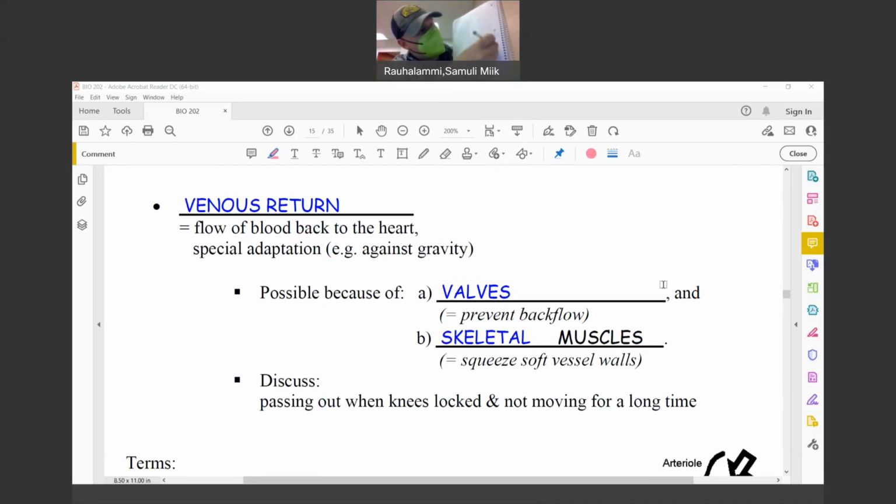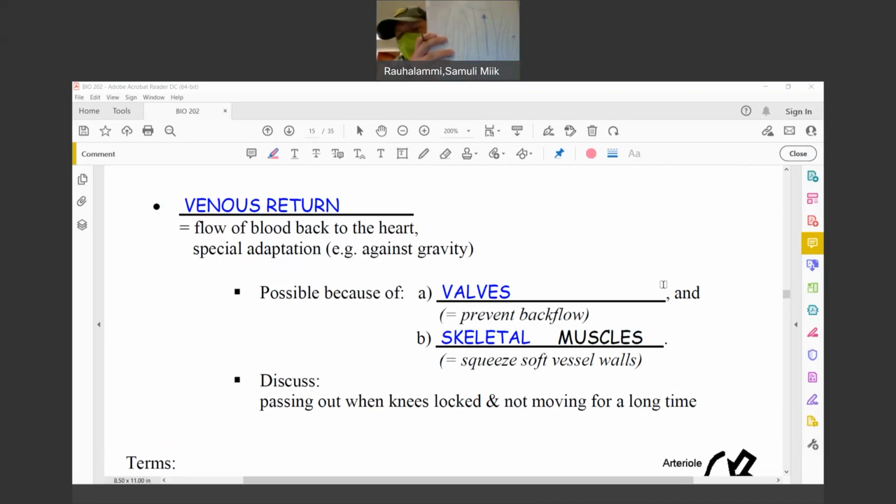And as the veins get squashed, the blood inside the vein gets squeezed upwards and back towards the heart. So this squeezing of the thin-walled veins by skeletal muscles was one thing; that's already two things, the thin wall and the skeletal muscles doing the squeezing, that I wanted to highlight.